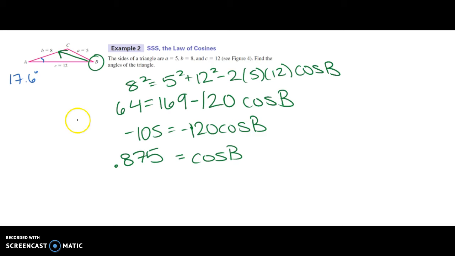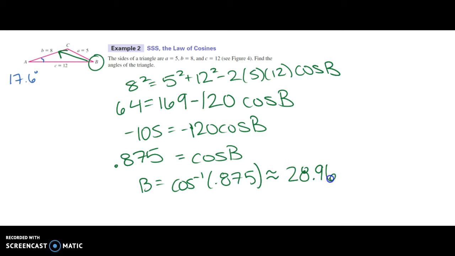And then to solve for the angle, I take the inverse cosine. And I get approximately 28.96 degrees because I was solving for an angle. And again, if I look at my picture, that looks pretty reasonable. It is an acute angle.